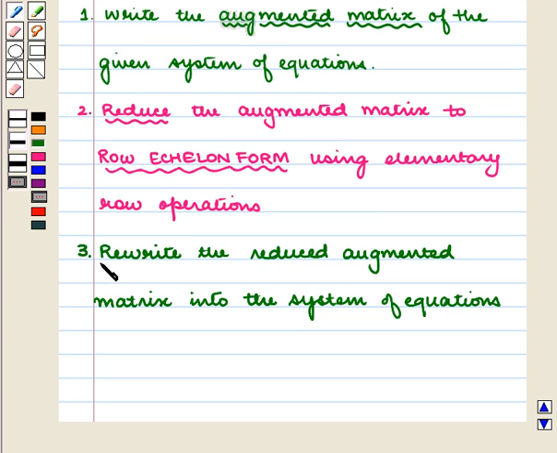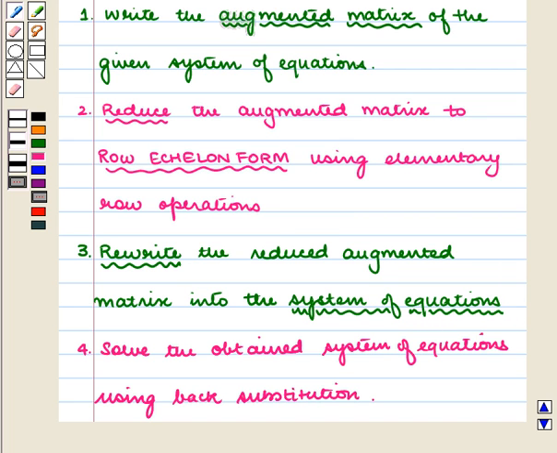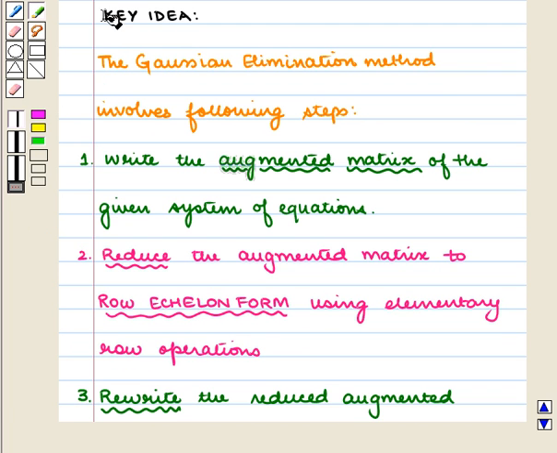Third, rewrite the reduced augmented matrix into the system of equations. And lastly, solve the obtained system of equations using back substitution. Now with this key idea, we shall proceed with the solution.